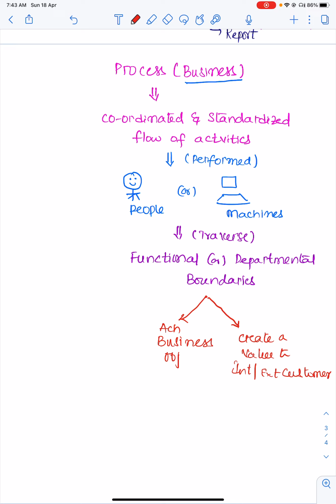So what is a process definition from business perspective? It is a coordinated and standardized flow of activities which are performed by people or machines which traverse functional or departmental boundaries to achieve business objectives and create a value to internal or external customers.